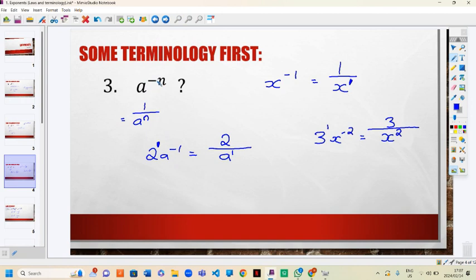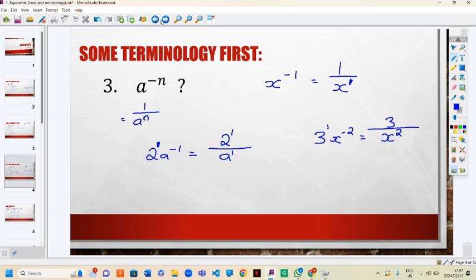We had a to the power of negative n. What did we do? We put it in the denominator and we made it positive, and we had a 1 at the top. Here we had a 2a to the negative 1. How did we make this negative 1 positive? We took the a to the bottom, the 2 stayed because the 1 is positive. So 2 to the 1 stays at the top, and we take the a to the bottom and the 1 becomes positive.